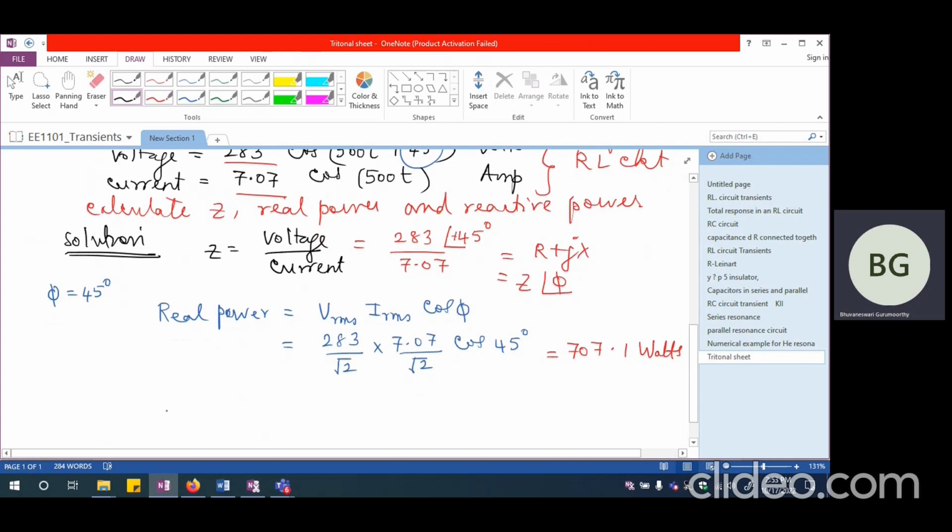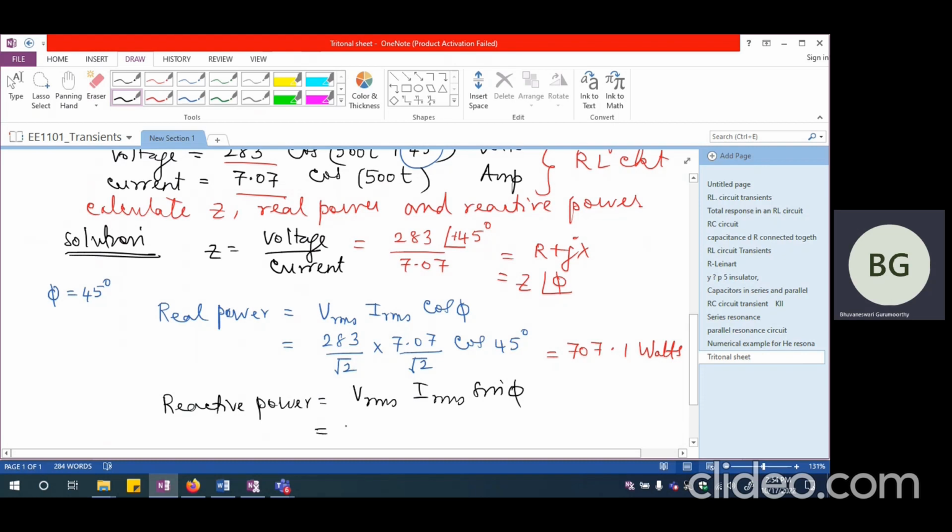Now the reactive power is going to be V RMS, I RMS sine phi. And phi being 45 degrees, sine as well as cos of 45 are both 1 by root 2.